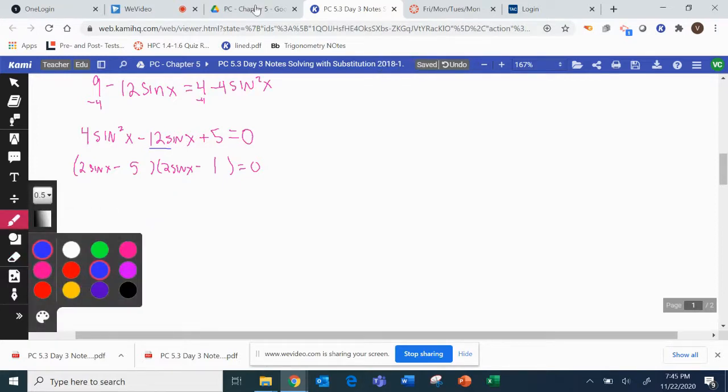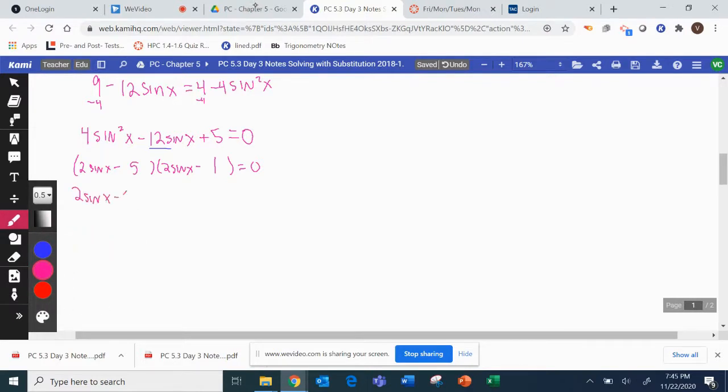So now I'll set each factor equal to 0 and solve each factor. For this one, sine x equals 5/2. That's 2.5. Sine can never be bigger than 1.